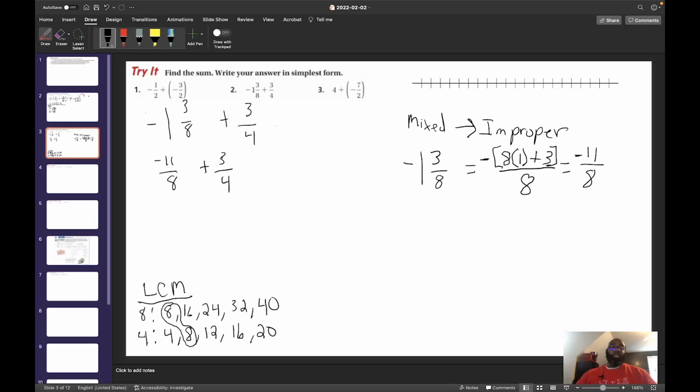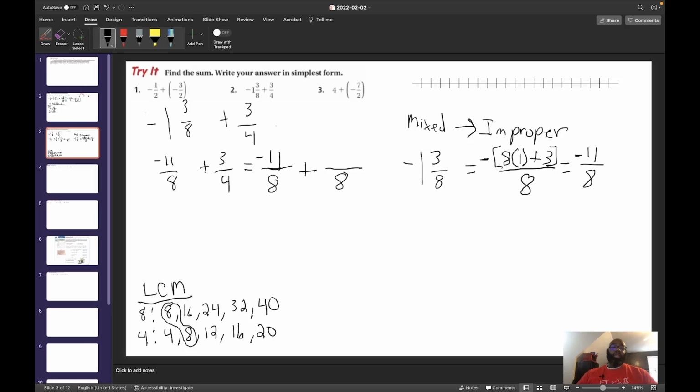So now when we rewrite these two fractions, the new denominator that we're going to use is 8, which is not new for the first one, but it is new for the second one. Signs stay the same. So in order to go from the old denominator to the new, for the first one we did nothing, so the numerator will stay the same.